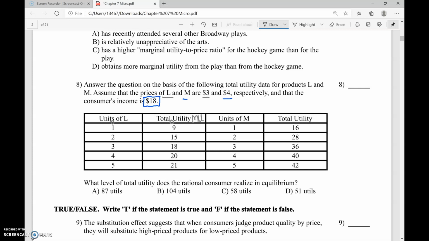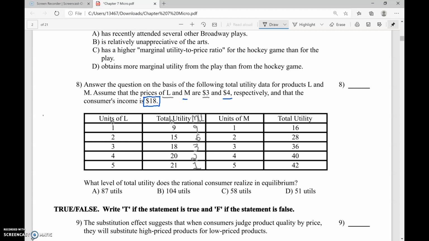So for unit 1, the marginal utility is 9 minus 0 over 1 minus 0, so this is 9. The next number is 15 minus 9, which is 6. Next number is 3. After that, I have 20 minus 18, that's 2. 21 minus 20, this is equal to 1.